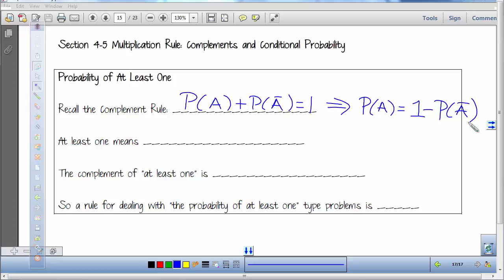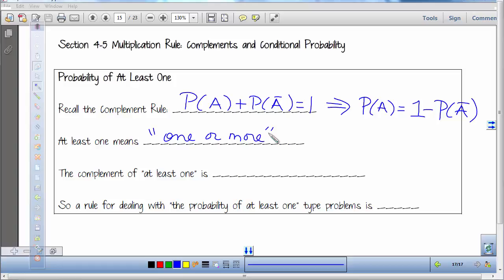When we talk about at least one, that means one or more. So in a second, we're going to look at a problem that has to do with a family and the number of girls born in this family of 5 children. If we say at least one girl, that would be one girl or 2 girls or 3 or 4 or 5 girls.